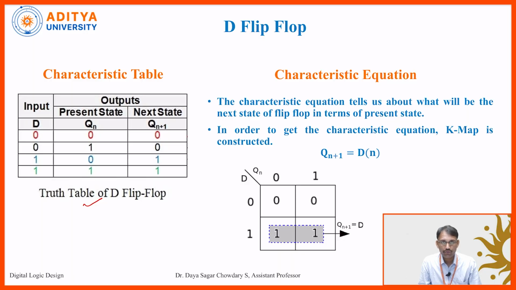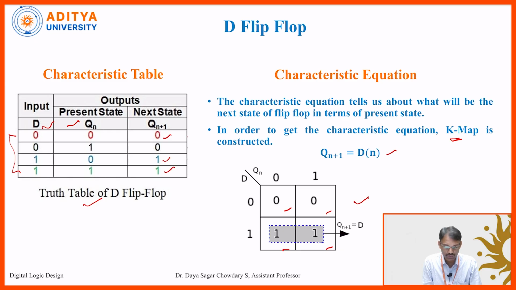Now, if we want the characteristic equation, we can directly use the K-map. The K-map contains two inputs, and two inputs means there are four combinations. For four combinations we construct four boxes with the K-map: 0 0, 0 1, 1 0, 1 1. These represent four boxes. According to Qn plus 1, that is the next state, we have to identify the ones.